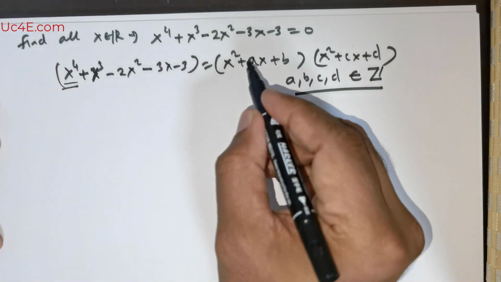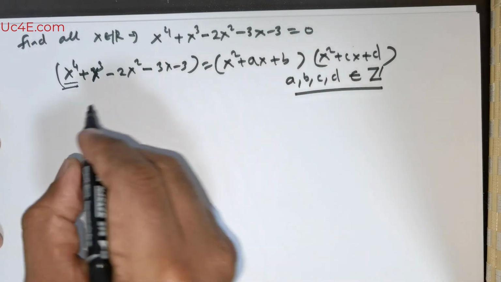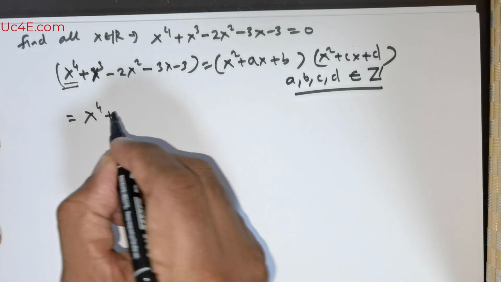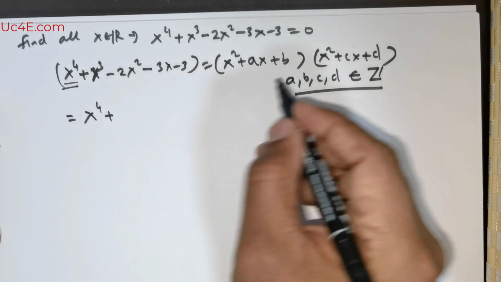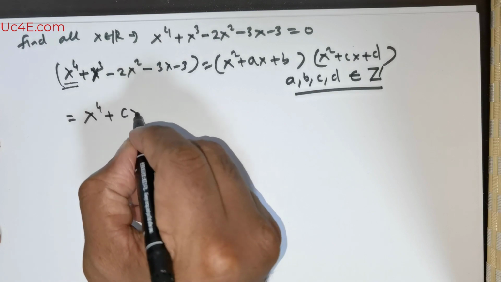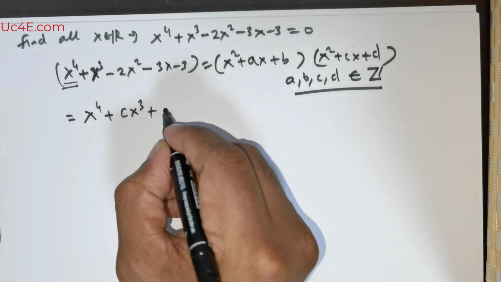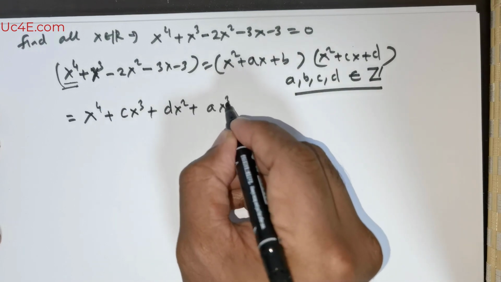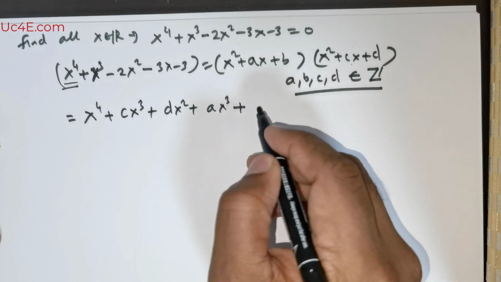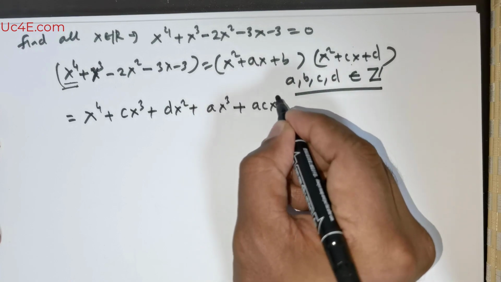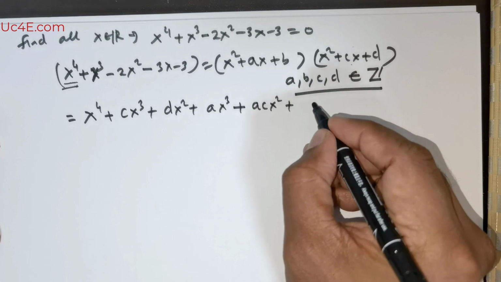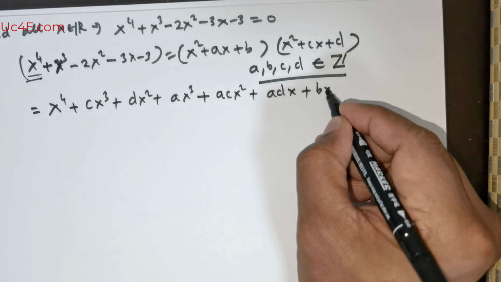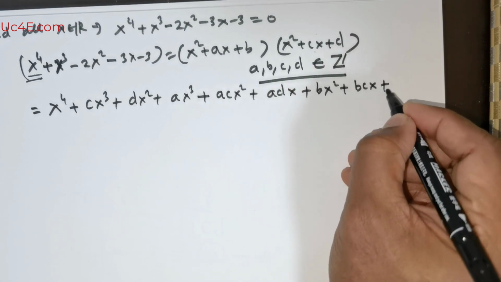So having said that, I would like to distribute the quantities on the right hand side. x squared multiplied with x squared is x to the power of 4, followed by x squared times cx, that's cx cubed, followed by x squared times d, that's dx squared, then ax times x squared, that's ax cubed, followed by ax times cx, that's ac times x squared, and then ax times d, that's ad times x, then b times x squared, followed by bc times x, followed by bd.